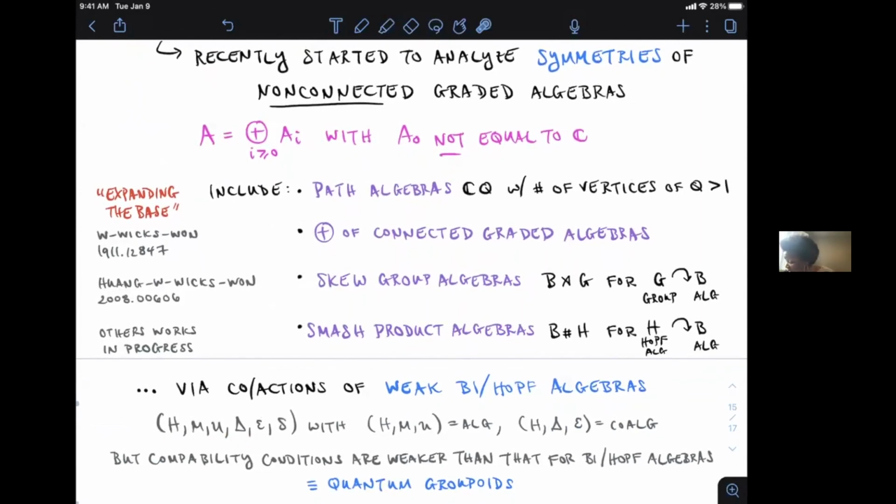It has the underlying structure of an algebra and coalgebra, but the compatibility between these two structures is weaker. It's more complicated. The main example, though, is a groupoid. Just like group algebras are examples of Hopf algebras, groupoid algebras are examples of weak Hopf algebras.